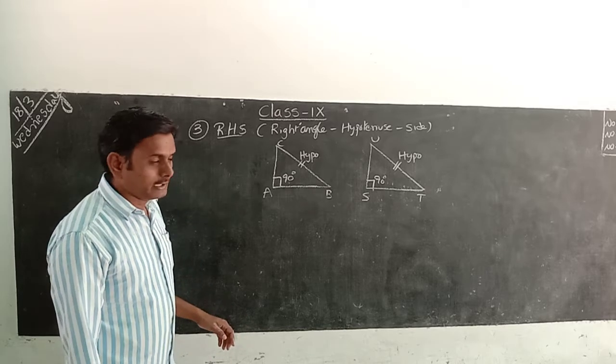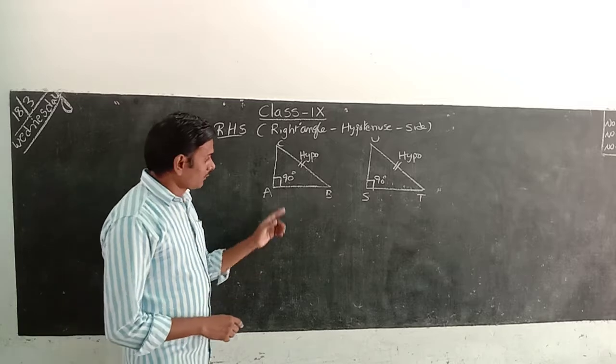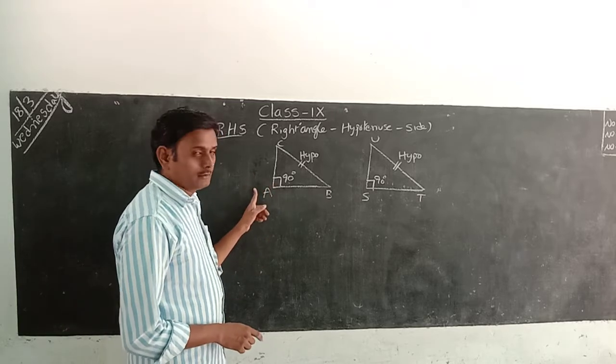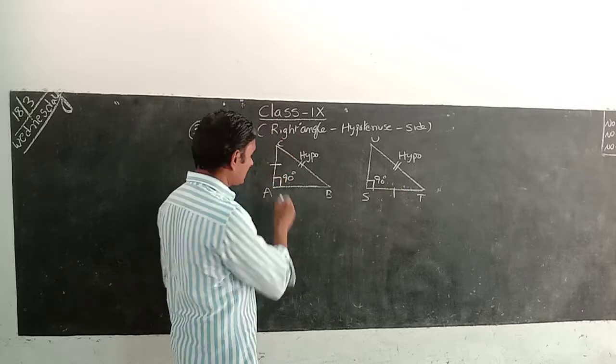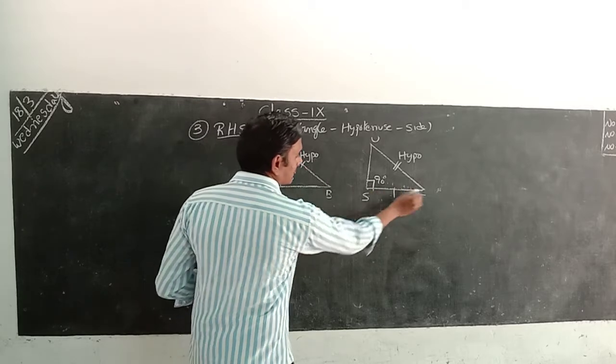What is the RHS criteria? In two triangles, for example taking this side and this side equal, this side AC and ST side equal.